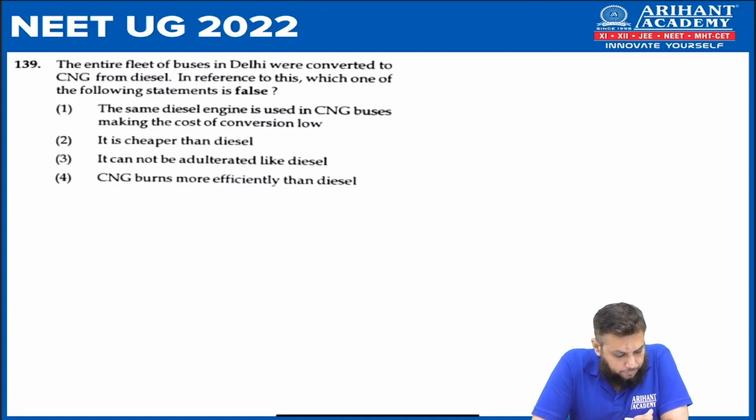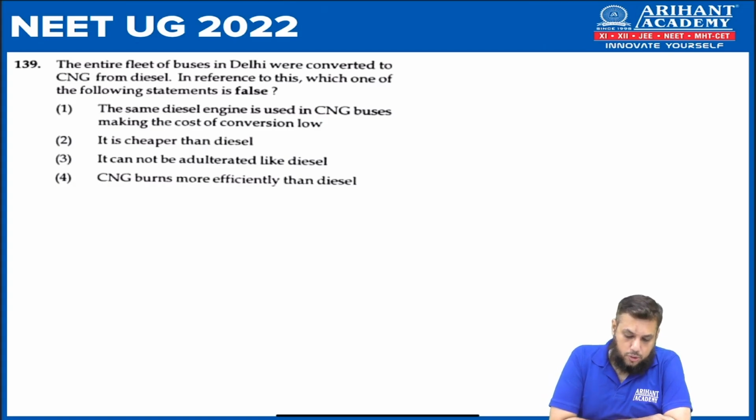139. The entire fleet of buses in Delhi were converted to CNG from diesel. In reference to this, which one of the following statements is false? The same diesel engine is used in CNG buses, making the cost of conversion low. The cost of conversion is not low, it would be high. You need new pipelines to be laid. Directly the same engines cannot be used. Rest 2, 3 and 4 are true for CNG.